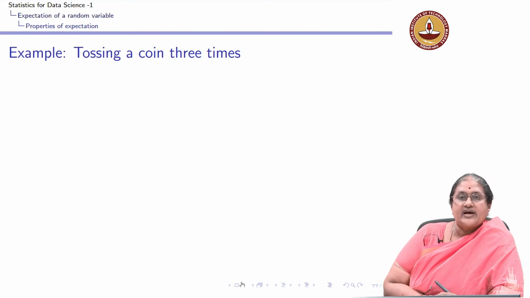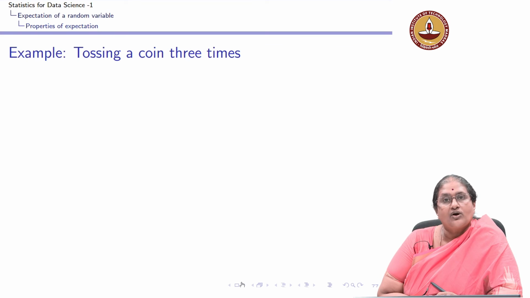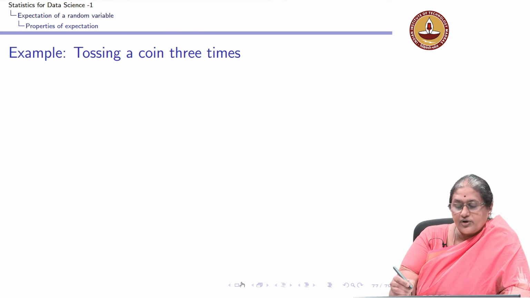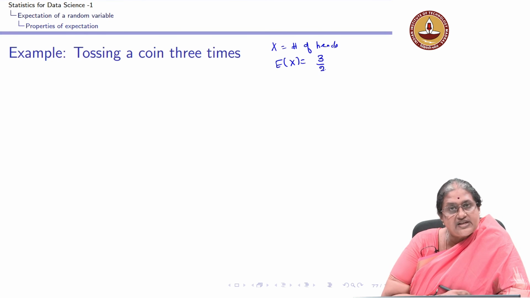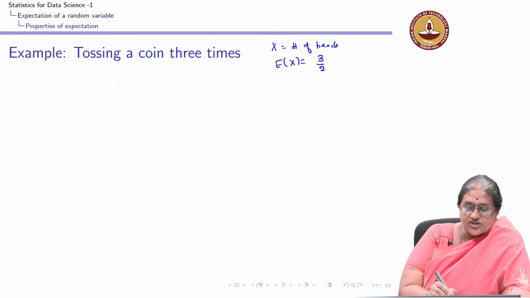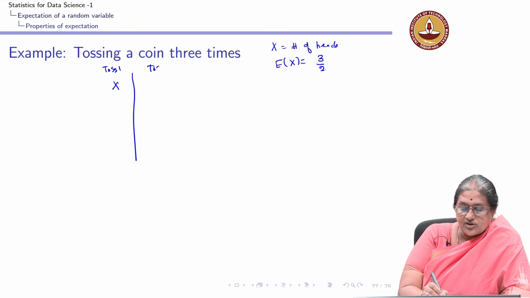So, now let us look at the experiment of tossing a coin 3 times. We already know that if x is the number of heads, then we have seen that expectation of x is 3 by 2. Now, let us look at this experiment differently. I toss one coin, toss a second coin, toss a third coin.